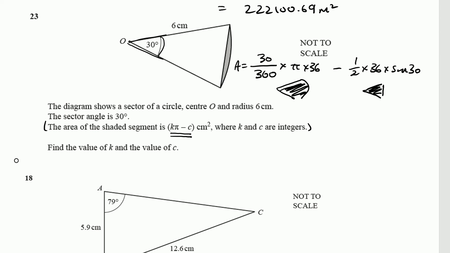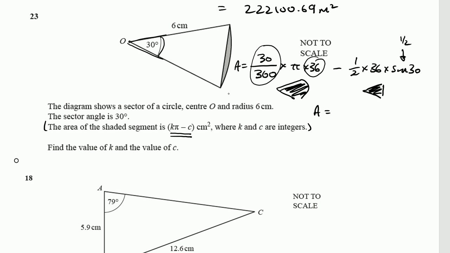Now, if I look at their answer, I'll notice that it doesn't have a sine 30 in it. And if you ask your calculator what sine 30 is, it's actually going to come out as 1/2. So my area is 30 over 360. This is 1/12 times 36.